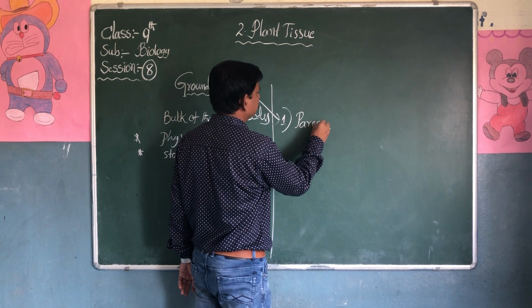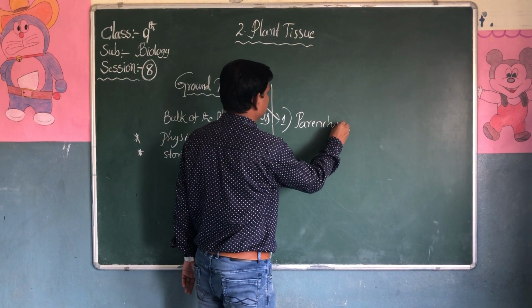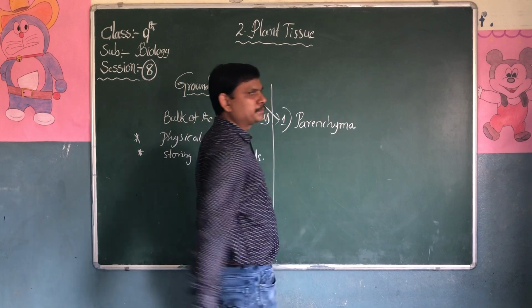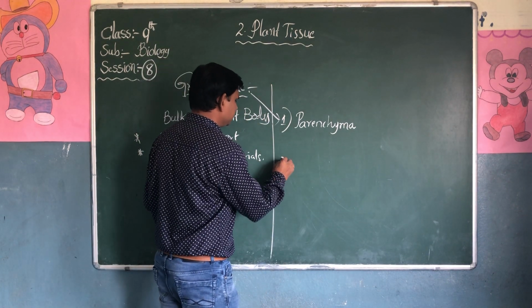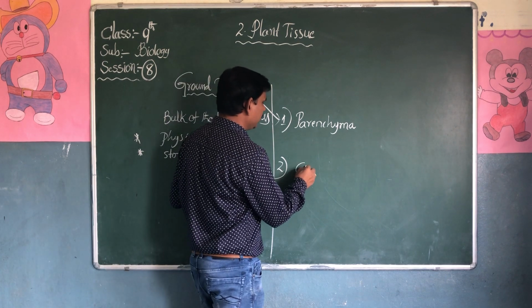One is parenchyma. The second one is collenchyma.